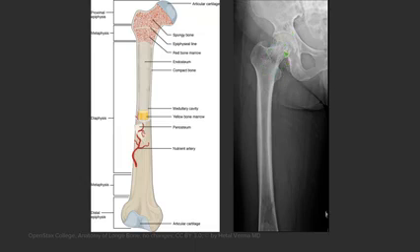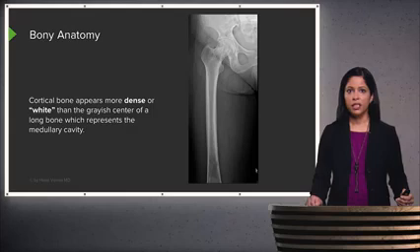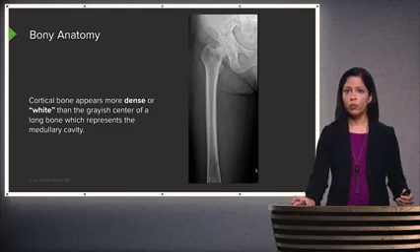This entire portion is then the metaphysis, and then again the long portion, or the shaft, is called the diaphysis. Within the shaft, you have the cortex, and then you have the medullary cavity in the middle. So the cortical bone, or the cortex, appears more dense or more white than the grayish center, which is the medullary cavity.